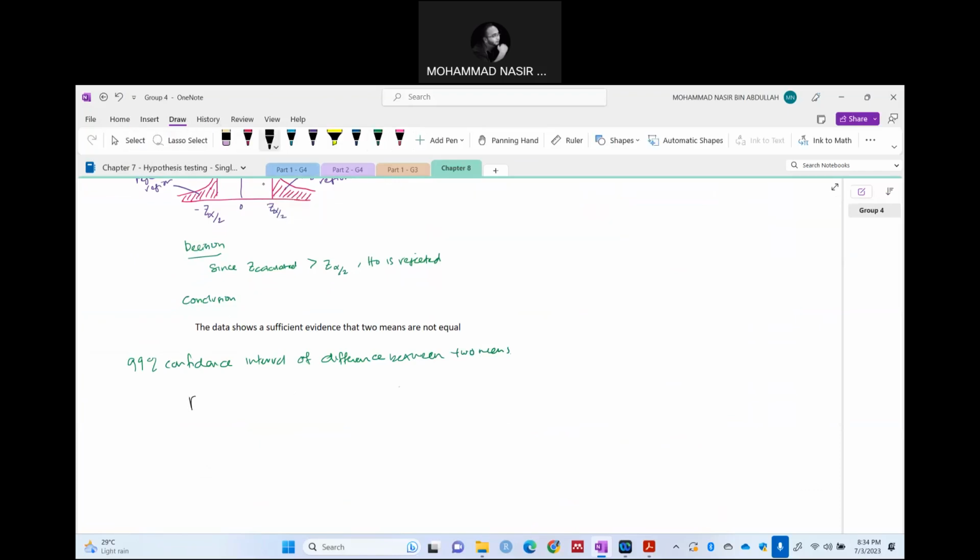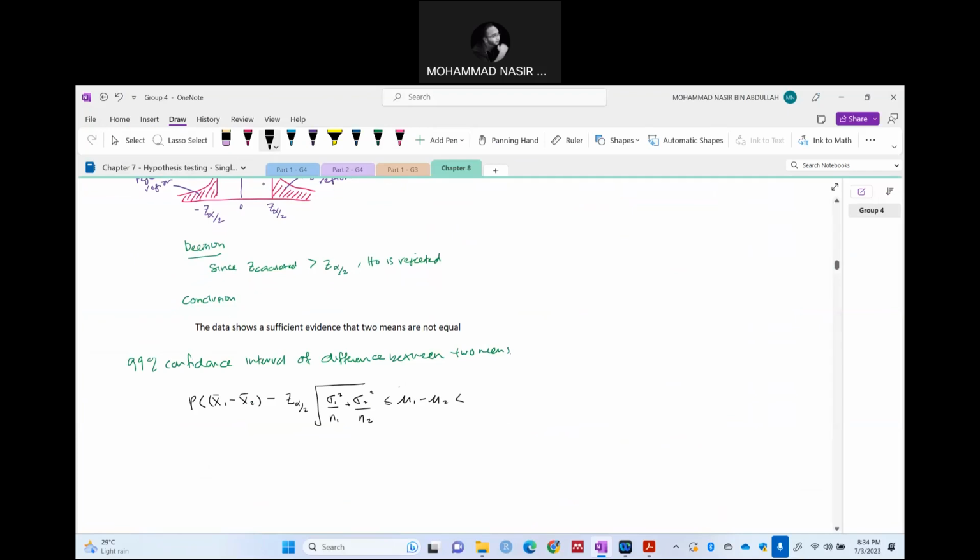So for the confidence interval, just now we already looked at the formula, right? It should be the probability of x bar 1 minus x bar 2, minus z alpha divided by 2 times the square root of sigma square 1 divided by n1 plus sigma square 2 divided by n2, less than mu1 minus mu2.